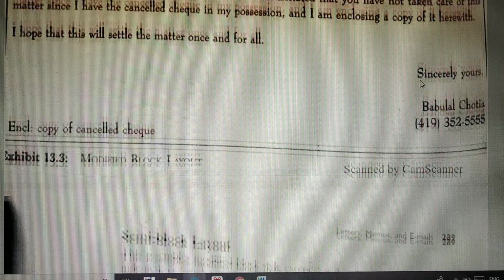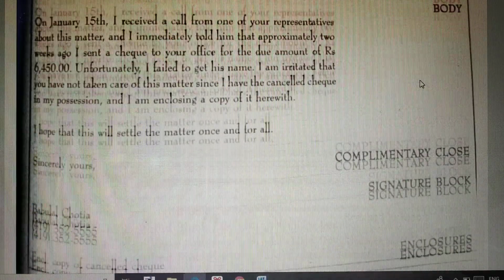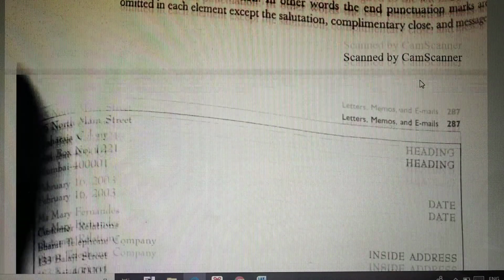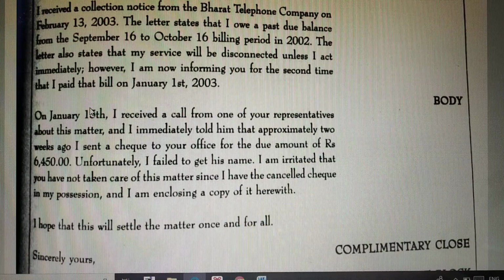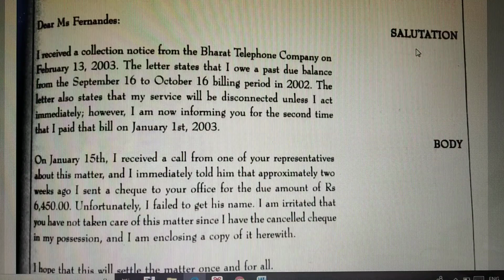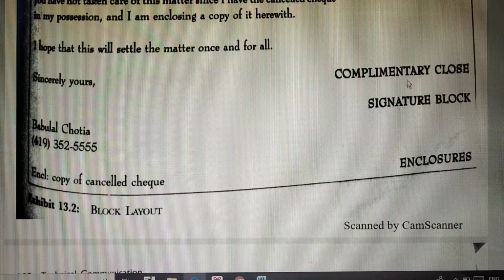This is what block is. In the modified block layout, the sender's address is to the right side, date and receiver's address are to the left side, salutation is to the left side, main body, enclosure are to the left side, and complementary clause is to the right side. What I would like to tell you is that in block layout, everything is to the left side. Whether it is the inside address, meaning receiver's address, date or heading, salutation, body, complementary clause, signature, enclosure, all these are on the same side.